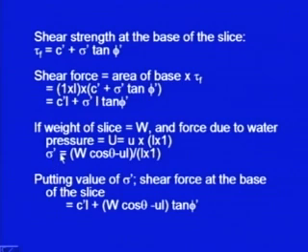So, now put this value here in this equation. Putting the value of sigma dash, the shear force at the base of the slice will be equal to c dash L plus W cos theta minus U, L into tan phi dash. So, this is another force which is acting on the slice.